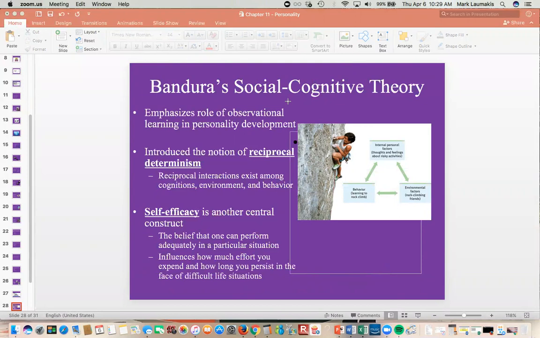The observational learning guy. So not surprisingly, his first big idea is that personality development is shaped by observational learning, okay? So if you learn to be outgoing and talkative in the life of the party, it may be because you saw that in family and friends.